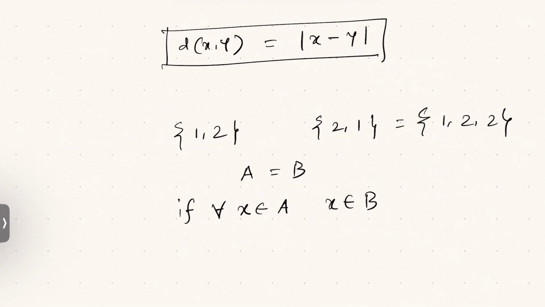But my question is, is a duplicate 2 possible in a set? It is possible, but these two sets are equivalent. Any other question?